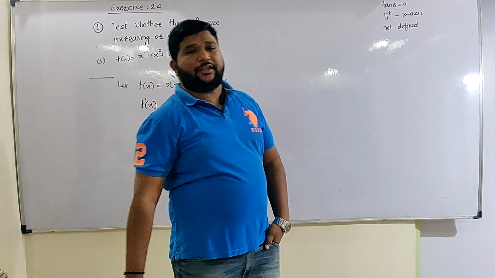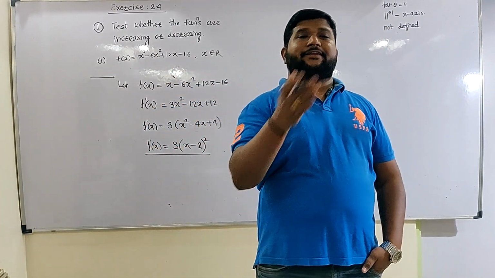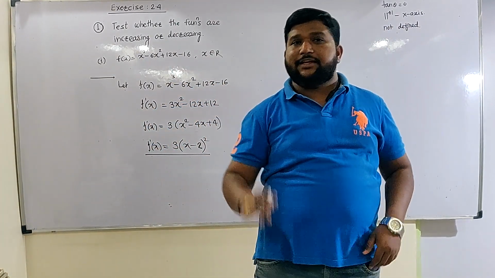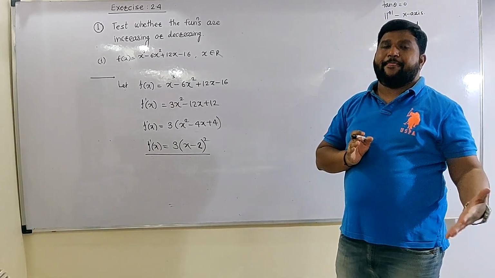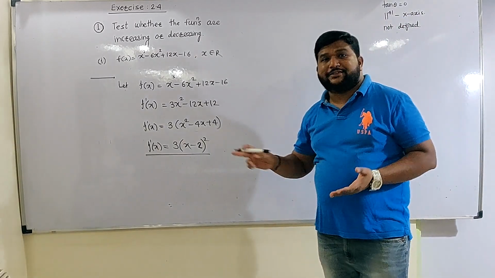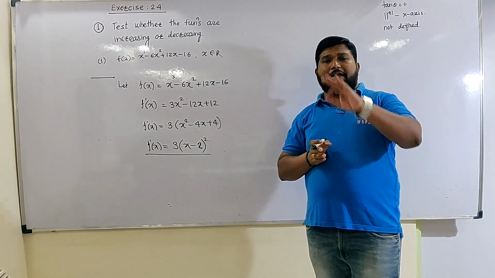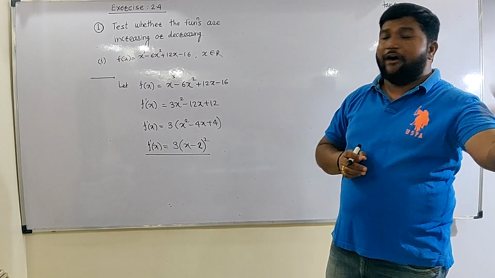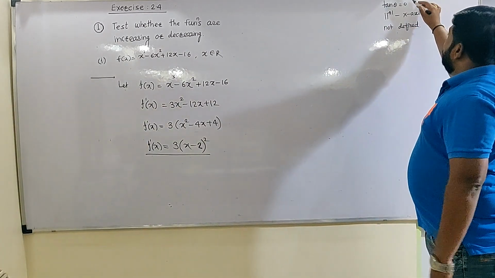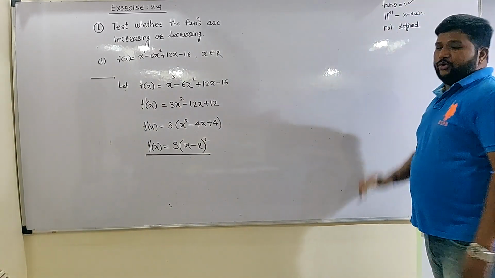So remember one thing, if f dash of x is greater than 0, the function is increasing. If f dash of x is less than 0, the function is decreasing. But when f dash of x is 0, that function is neither increasing nor decreasing, meaning it cannot be defined. Why? Because the slope of tangent is equal to 0. When is tan theta 0?